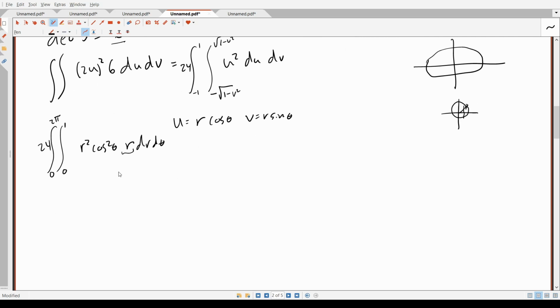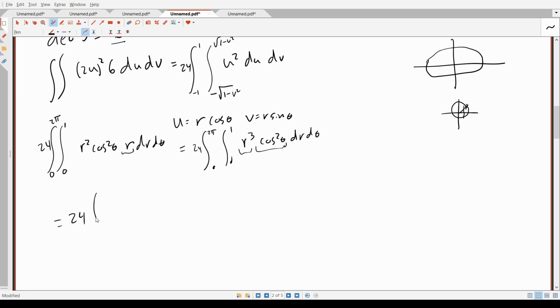Okay, and now I can rewrite this as 24 times the integral from 0 to 2 pi, integral from 0 to 1, of r cubed cosine squared theta dr d theta. Now notice I have a separable function inside here, so I can break this up into two integrals.